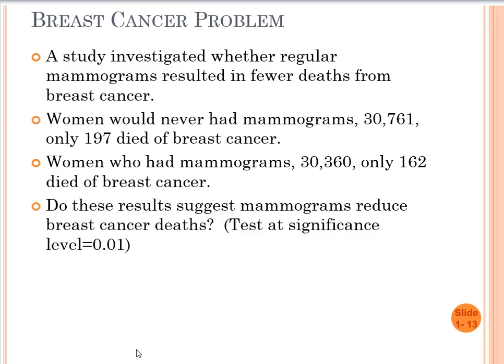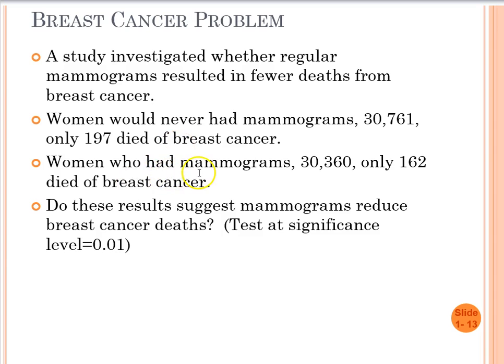So that problem had an alternative hypothesis that was a two-tailed test. Let's now look at a problem that the statement asks us to generate a one-tailed test. So in this problem, we're looking at a study of whether regular mammograms helped prevent deaths from breast cancer. We surveyed women who had never had a mammogram, and we surveyed 30,761. Only 197 actually died of breast cancer.